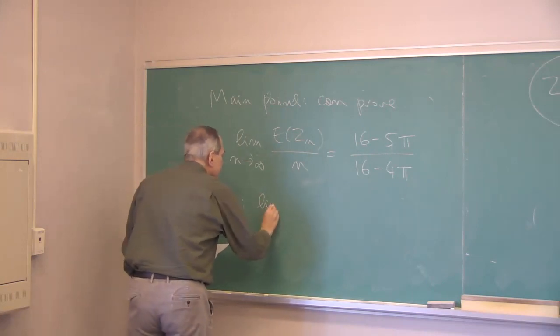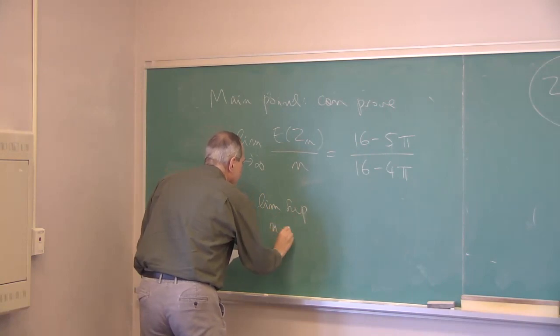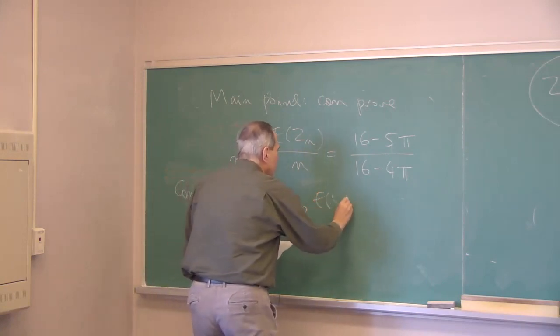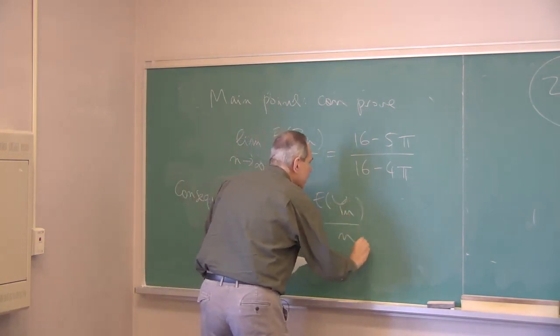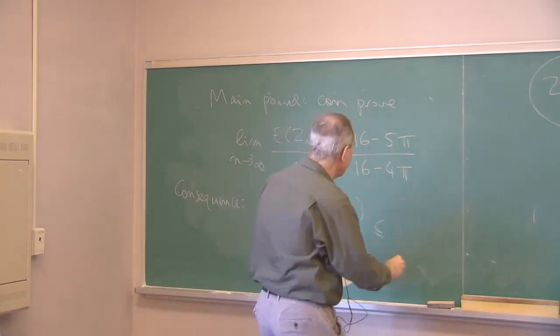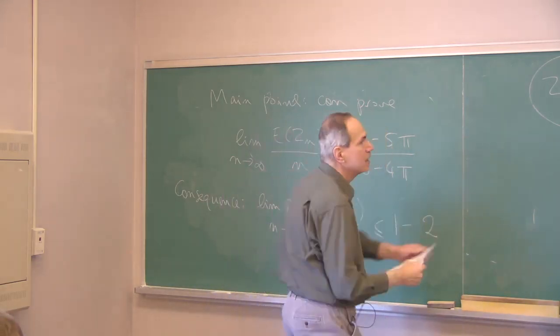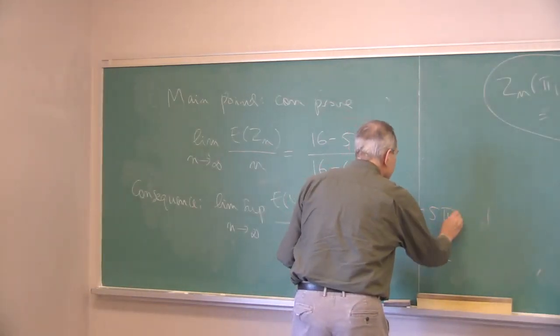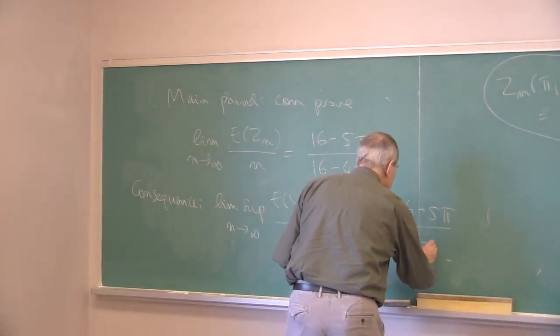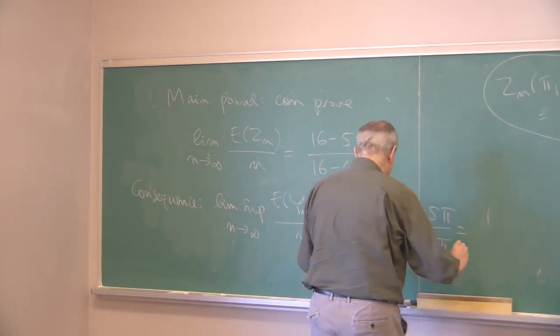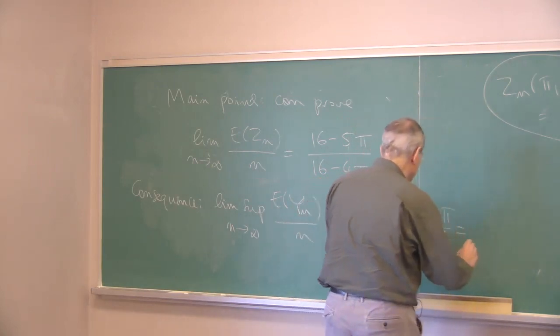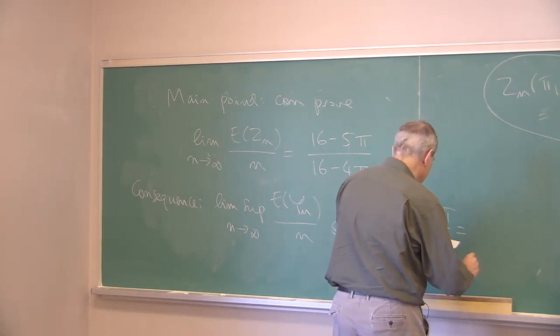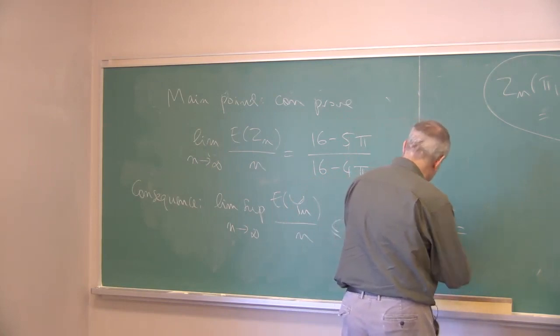Okay, and the consequence is that the lim sup of E of yn over n, from that inequality which I had over there, is 1 minus 2 times the limit which I place for the Z's, which is this number, and you get something which you estimate to be 0.80.